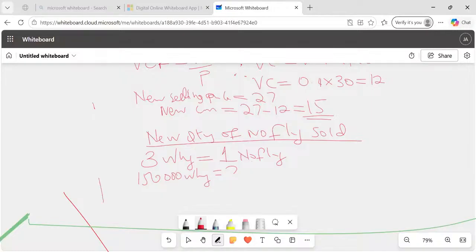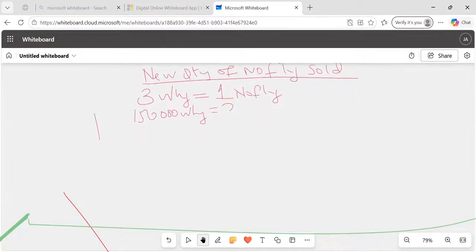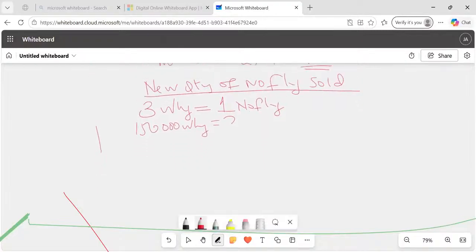If we do that stopping, ladies and gentlemen, this is what is going to happen. So in this case, it will be 150,000 Y times 1 no-fly all over 3 Y. So the Y's will cancel out, giving us 50,000. 50,000 what here?